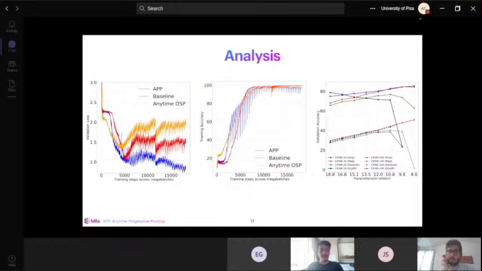We do some analysis as well in terms of the model's training performance. Starting from the left, we have a plot which denotes the validation loss for ResNet 50. This is on CIFAR 10, and the x-axis represents the number of steps across all mega batches. In this case, it is 50 mega batches, I presume, and you can see that the validation loss of APP, which is the blue line, is trending significantly downwards as compared to baseline and OSP, which is stagnating.